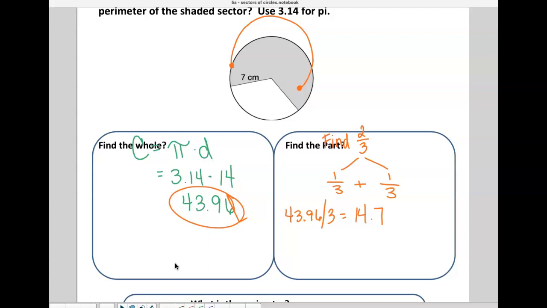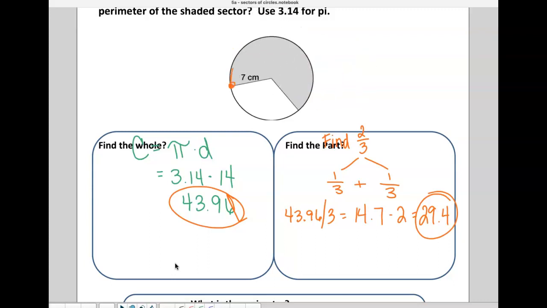I want 2/3, so what do I have to do with this number? Times it by 2. So 14.7 times 2 is 29.4. Okay, so what I've got now is this.